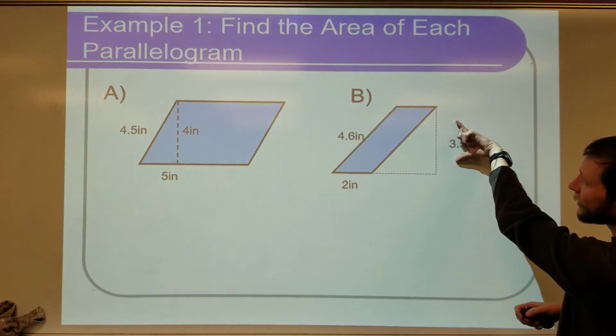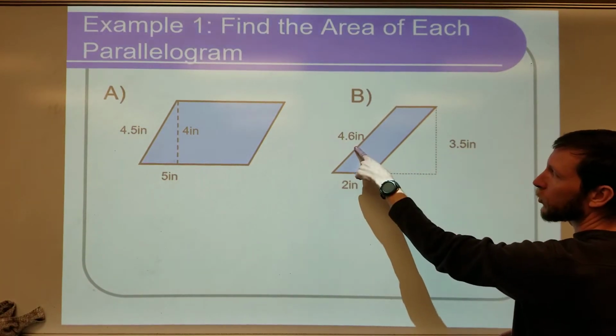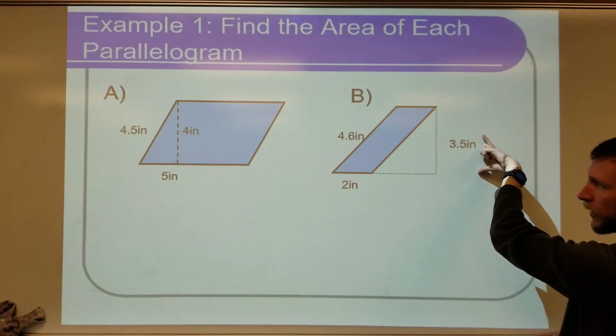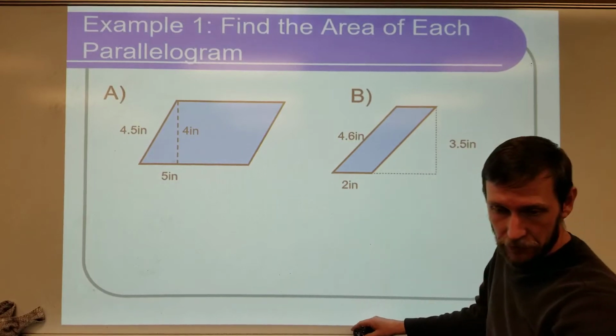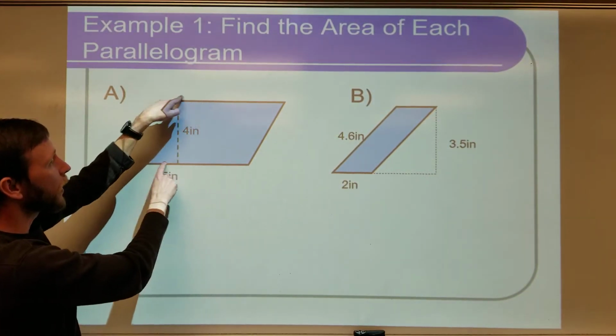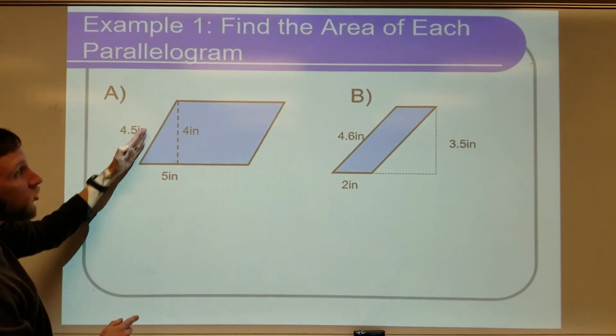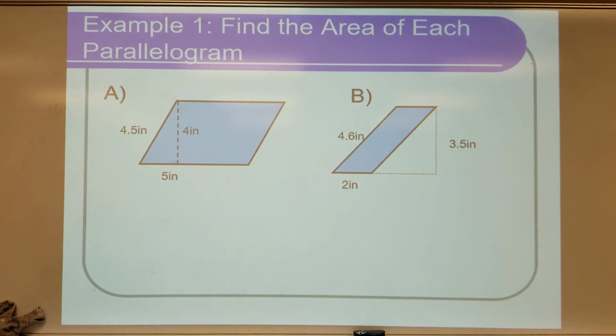But this distance is 3.5 inches, all right? We're not going to take 2 times 4.5, we're going to take 2 times 3.5. We're going to take 5 times 4, not 5 times 4.5, all right? So this is the perpendicular distance between these parallel bases. If this were my base, I'd have a different distance, and we'll talk about that here in just a moment.